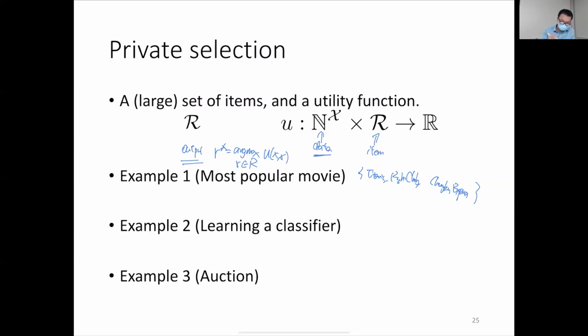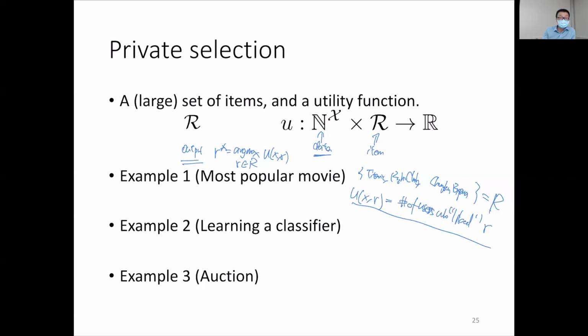Let's say we have 3 items in this R. What is the utility function? The utility function of the data set, the Netflix viewers or users, is the number of users who liked this movie R. Then it makes sense that we want to find the most popular movie by the number of people who liked it.